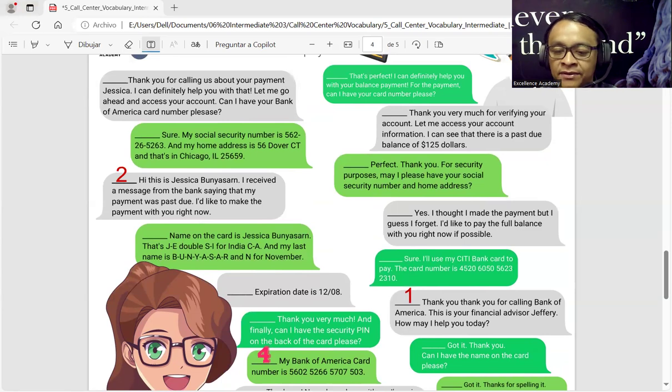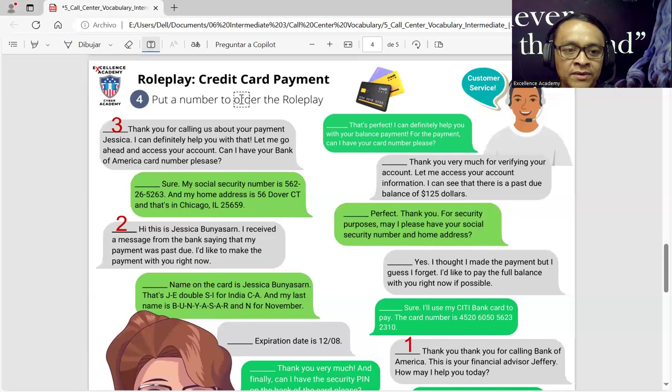Then after that, we have Agent Jeffrey acknowledge and provide assurance of help, over here at the top, where it says, thank you for calling us about your payment, Jessica. That's acknowledgement. He's restating the same words back to the customer. I can definitely help you with that. Let me go ahead and access your account. Can I have your Bank of America card number, please?